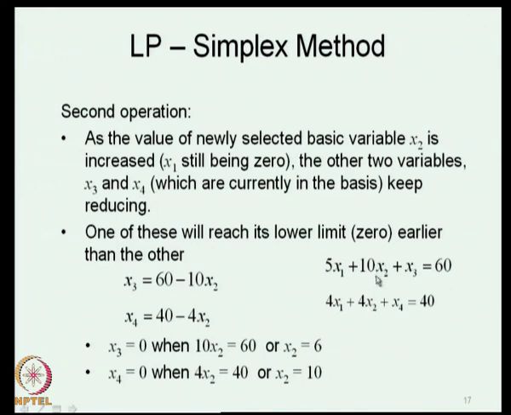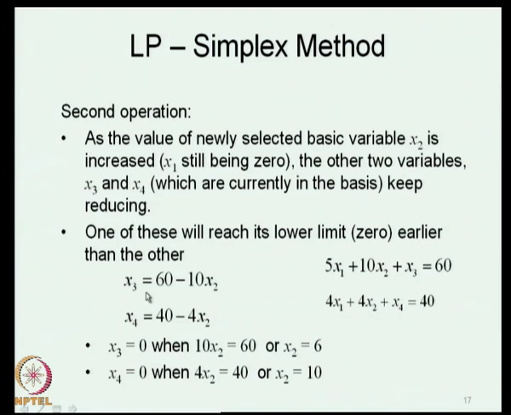As you start increasing x 2, because of the first constraint x 3 starts coming down, and because of the second constraint x 4 starts coming down. One of these, either x 3 or x 4, will hit 0 earlier than the other. Let us see which one hits 0 first.